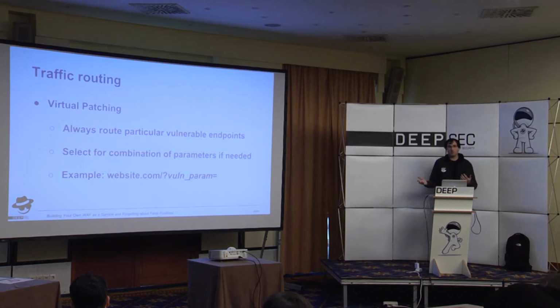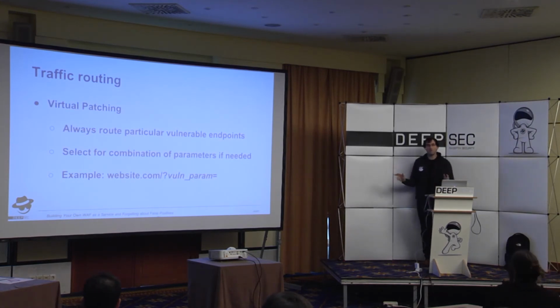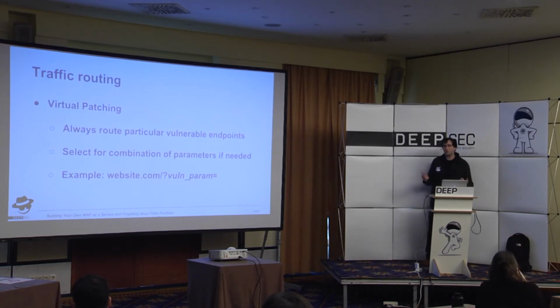And then another option on traffic routing, and this doesn't mean it's all of them, but these are some of the key ones that I have worked with, is virtual patching. Let's say that you get a call at 3 a.m. and somebody tells you that there's an SQL injection in one of the endpoints of your application. You cannot immediately roll out a fix, maybe because the fix is very hard, maybe your deployment can take a lot of time.